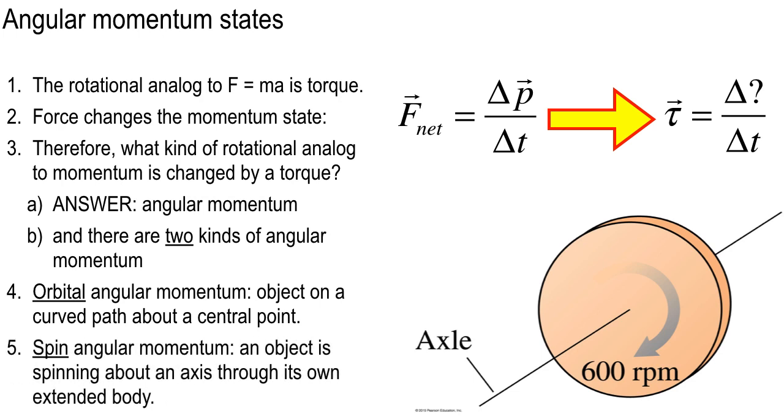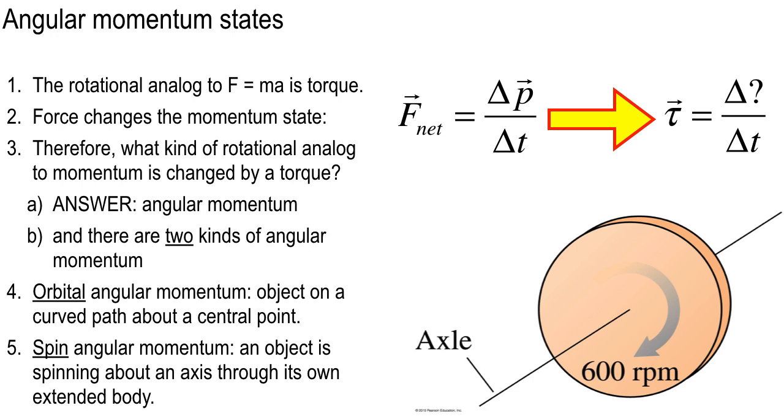The other kind of angular momentum is the ice skater, the angular momentum of spinning. An ice skater can also have orbital angular momentum, because you've seen them skate in a circle.